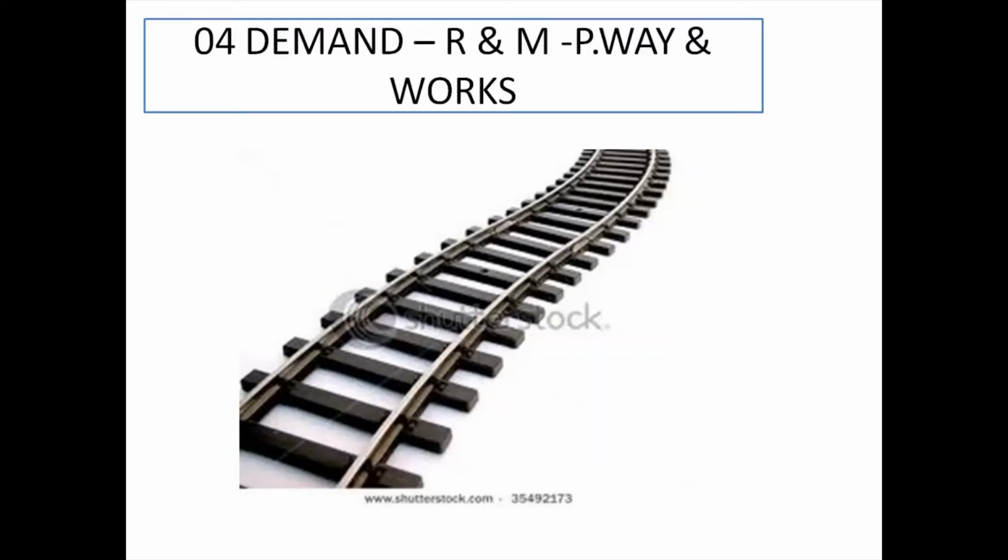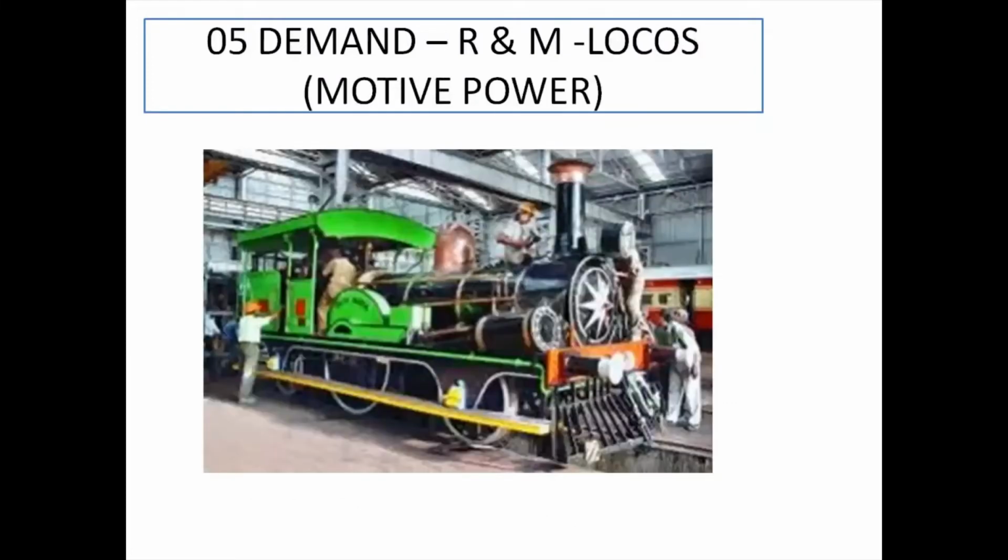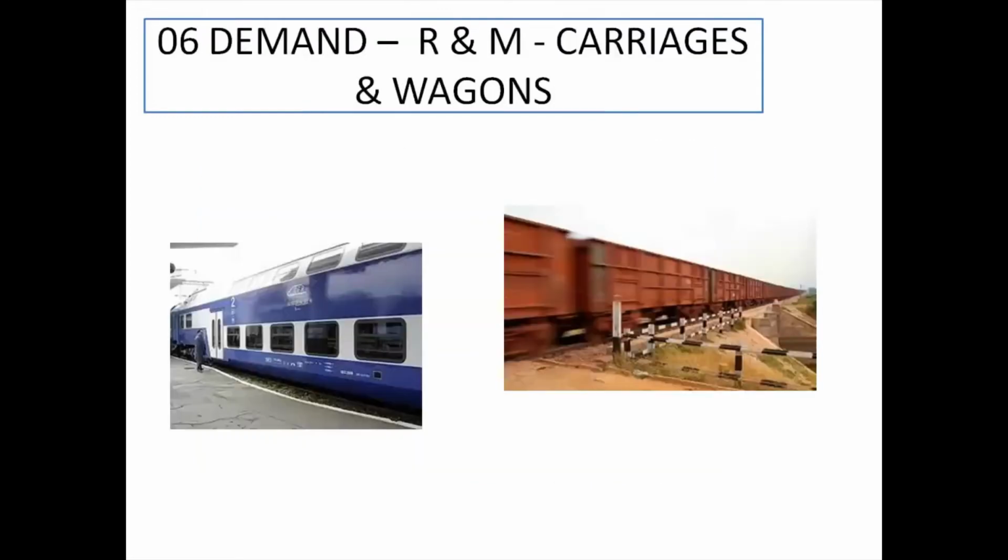And the next important asset is repairs and maintenance of all locomotives, whether it is a steam locomotive, diesel locomotive, electrical locomotive, anything. But here DEMU and MEMU do not come. So all this is demand number 5. This is only locomotive. Coaches and wagons, demand number 6.